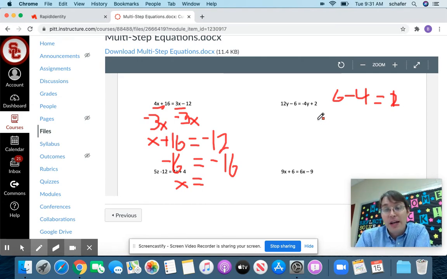But if I had a negative 6 and a negative 4 together, well, they're both negative. It's like if you had a hole. If you have a hole, which is negative, and you put a positive into it, well, you fill in the hole.